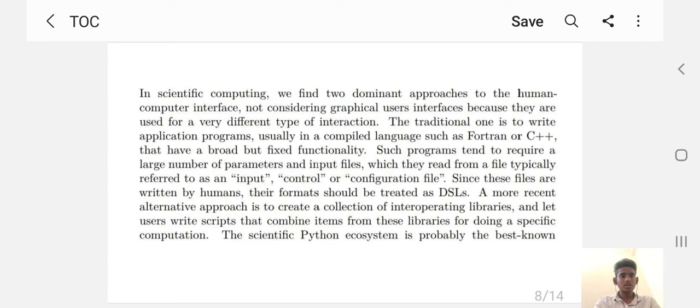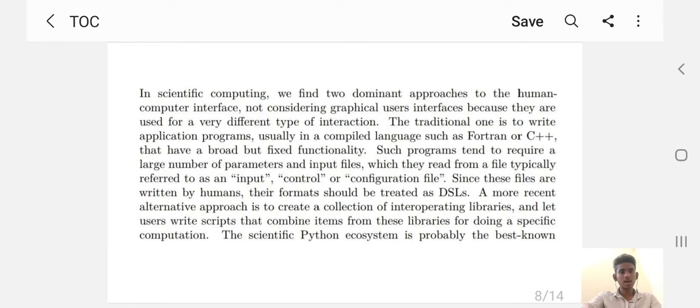Such programs tend to require a large number of parameters and input files, which they read from a file typically referred to as an input control or configuration file. Since these files are written by humans, their format should be treated as DSLs.